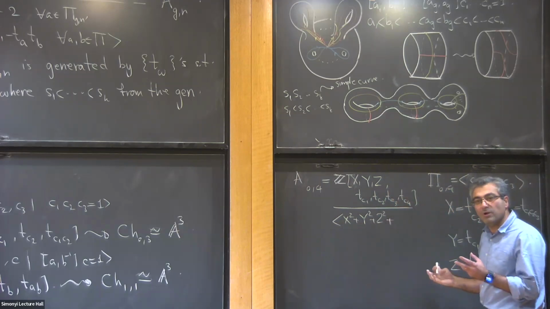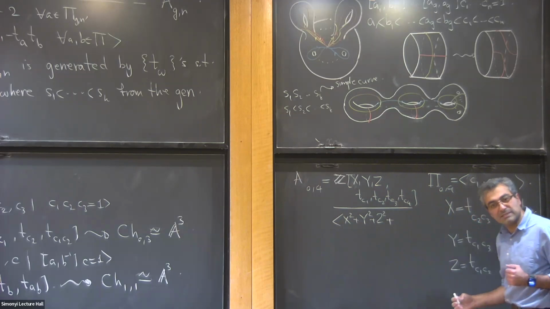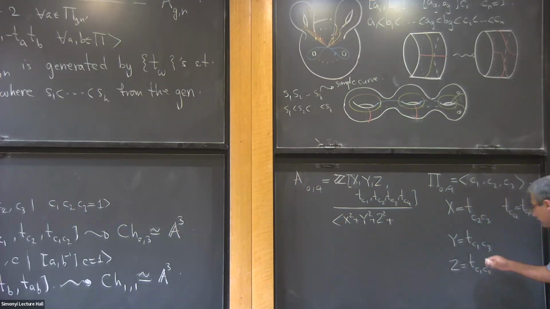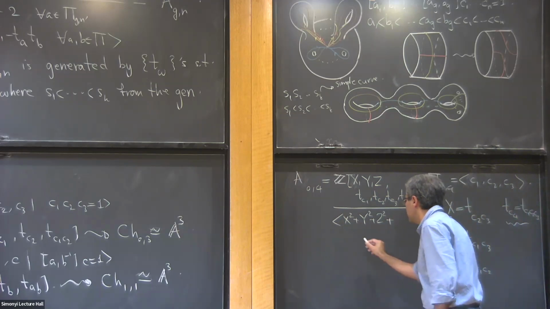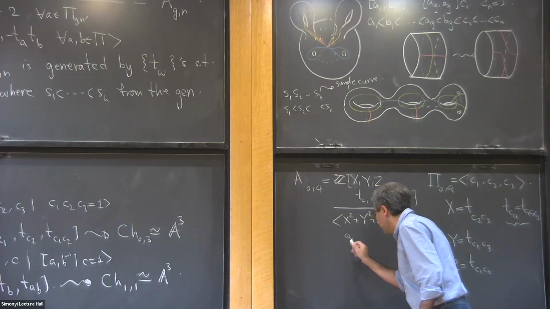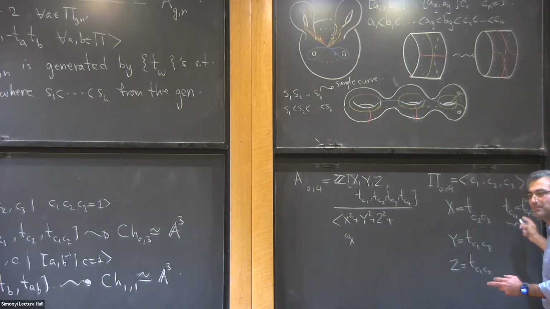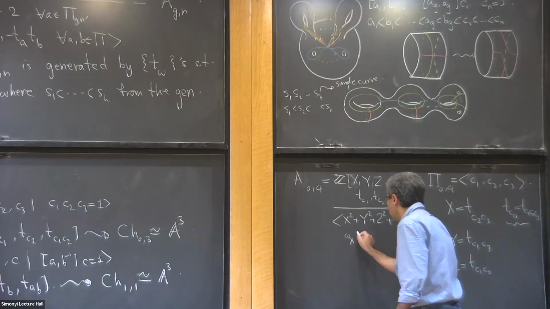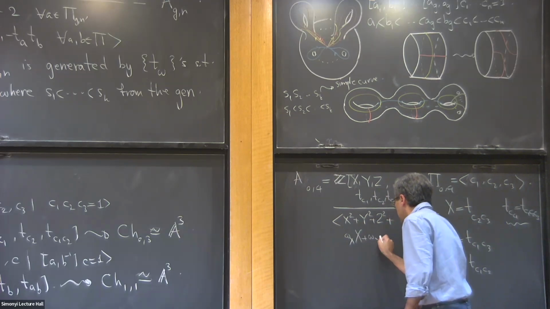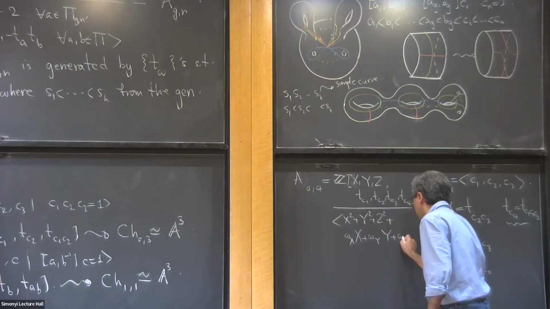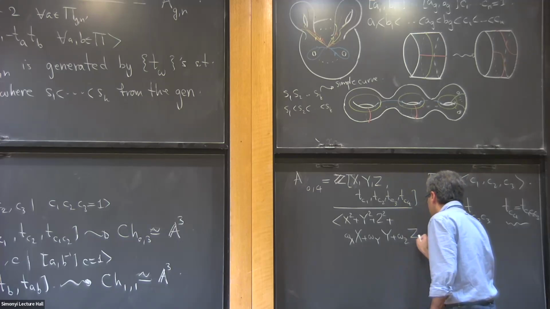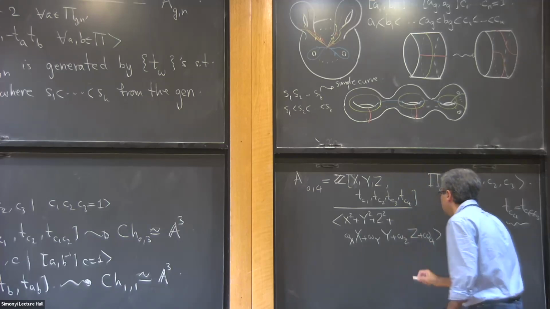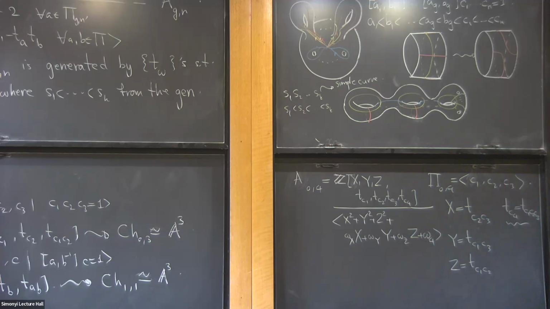It should be equal to some linear combination of x and y and z, but linear in the coefficients coming from these guys. So it should be some constant, some polynomial of t sub 1, t sub 2, t sub 3, t sub 4 times x. So the upshot is that not always are you going to get an affine space.